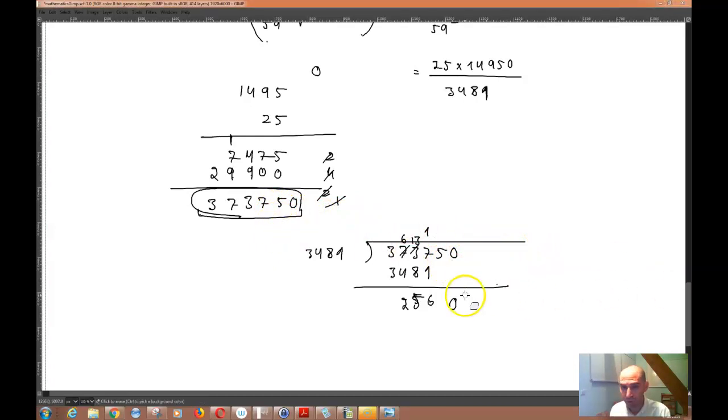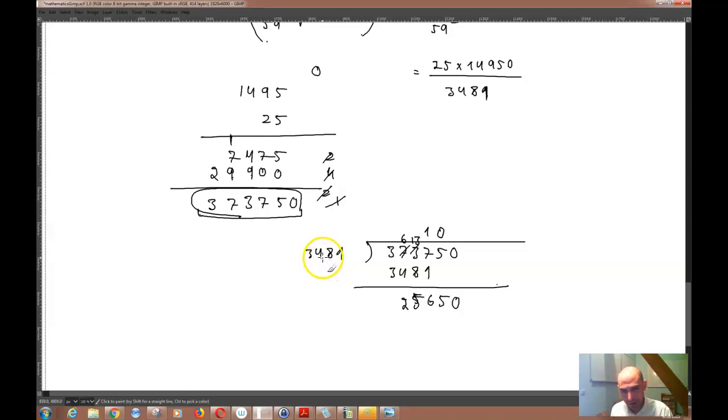Okay, sorry, I made a mistake here. So you have basically a 5 there. 2565, so you get a 0 there and bring down your 0. 25,650. So that's around 3,500. And that's 25,000.